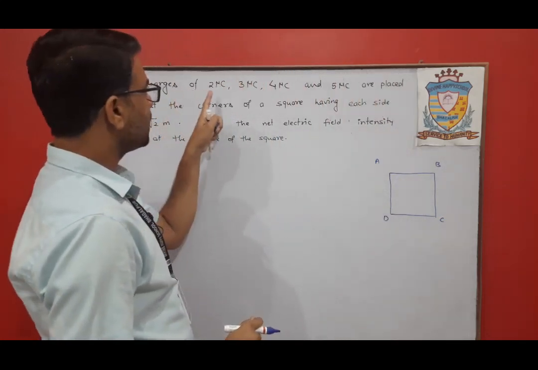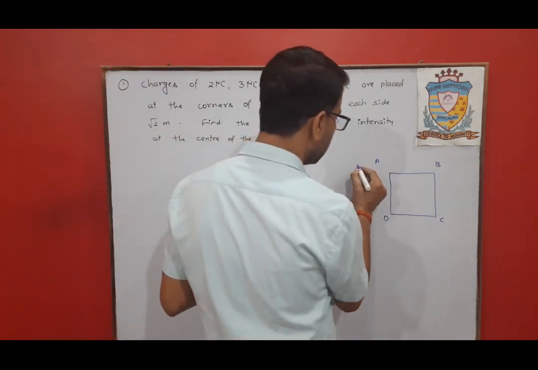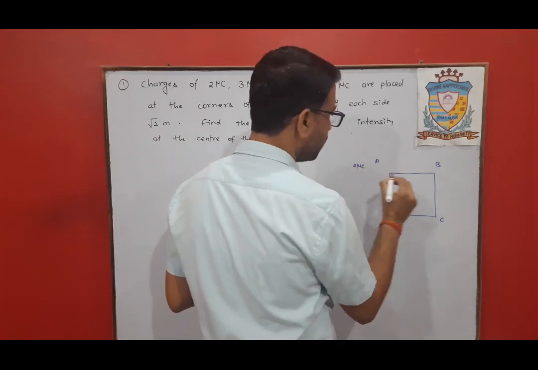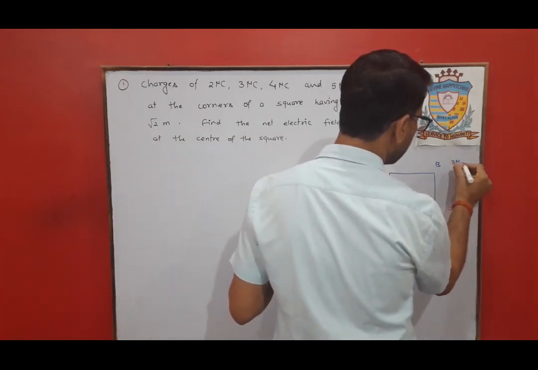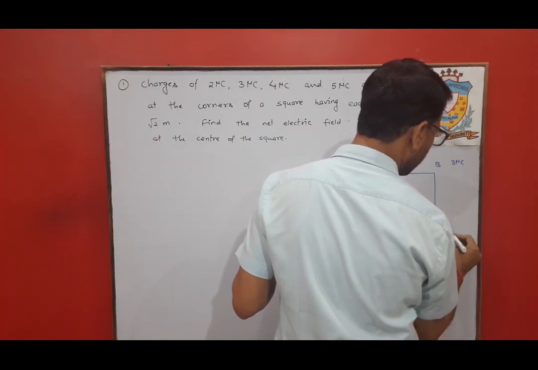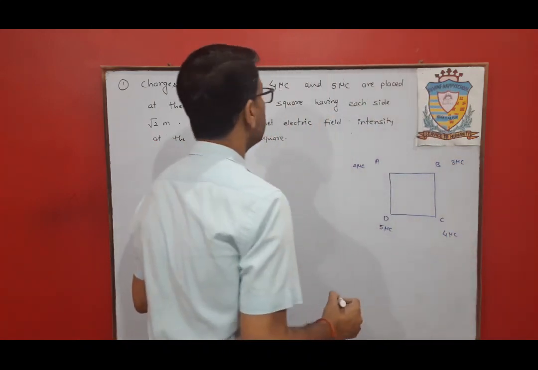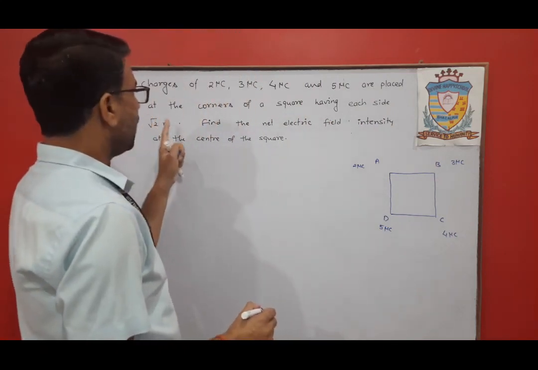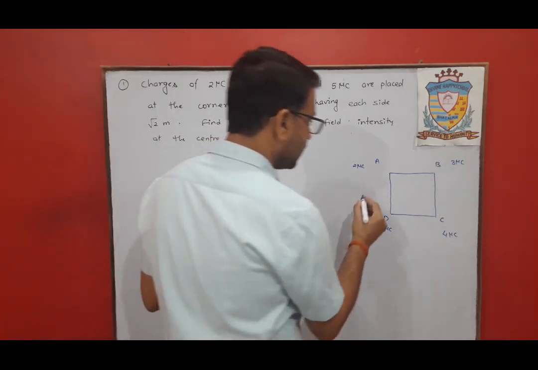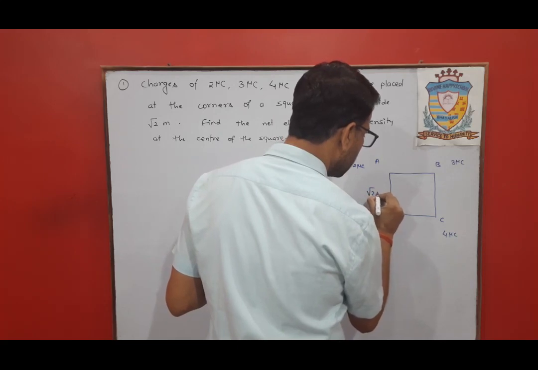And the charges are 2 microcoulomb, 3 microcoulomb, 4 microcoulomb and 5 microcoulomb, and the side is √2 meter.